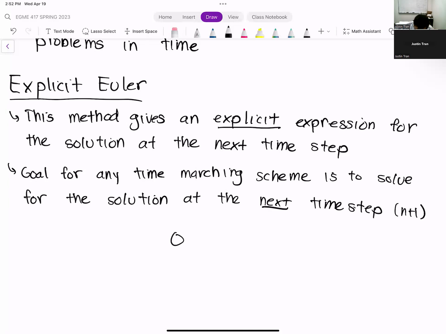So essentially what we want to solve for is phi n plus 1. An explicit expression for phi n plus 1 means that phi n plus 1 is by itself. That means it has to be the only n plus 1 term in the entire algebraic expression.